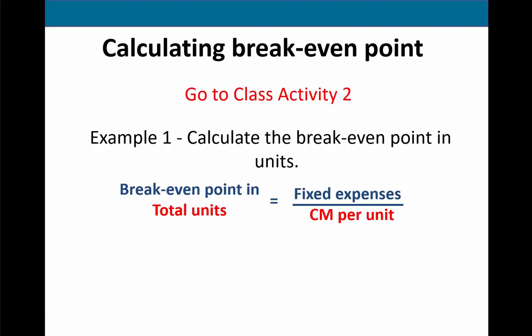Okay, so here we go. Up on your screen, you're going to see the formula for break-even. And hopefully you got the right answers for both of these break-even questions. So the first thing we did was calculate break-even in units by taking our fixed expenses divided by our contribution margin per unit.